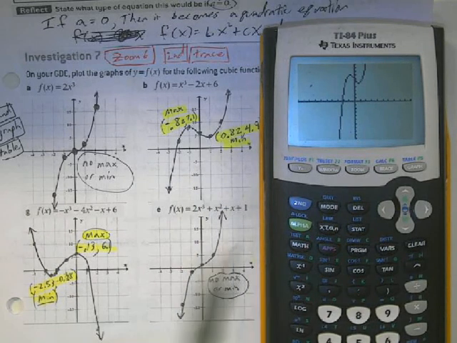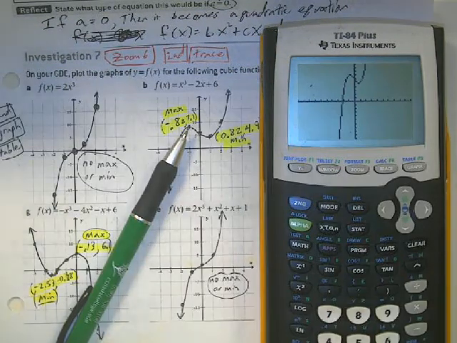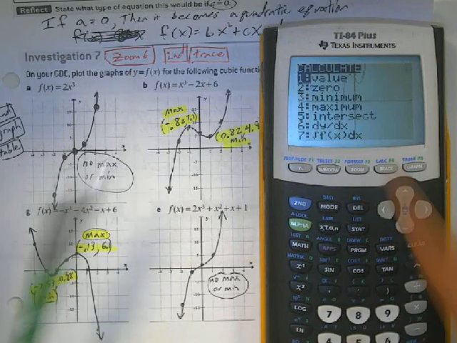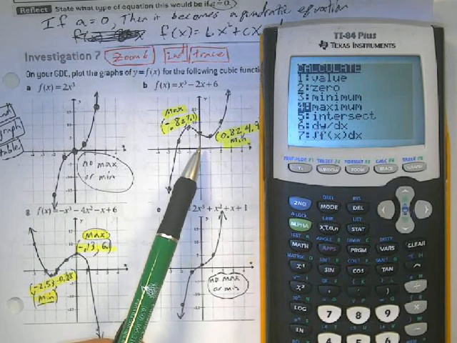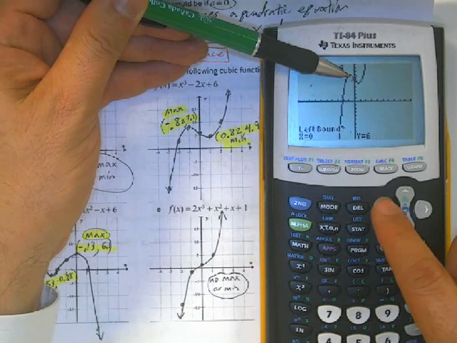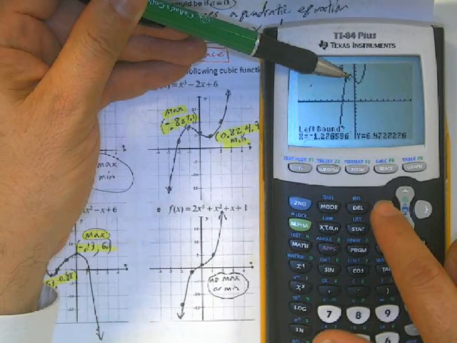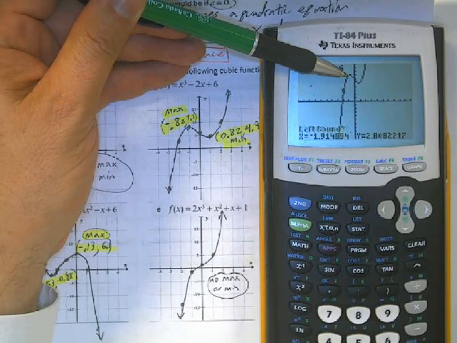To find the maximum, just like we did in the steps on here, I'm going to hit second trace. I'm going to arrow down to where it says maximum and hit enter. It says left bound, so I want to go to the left of where my pen is pointing. See the blinking X? That's probably good enough. I hit enter. Now it says right bound.